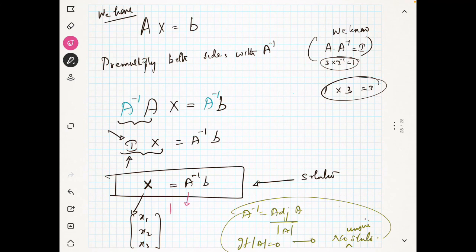You can find the solution only if the determinant of A is not equal to 0, and then the solution is unique. In this case no solution, and here there is a solution. So this is how you can solve this equation. In the next class we will see more details on this. Okay, thank you.